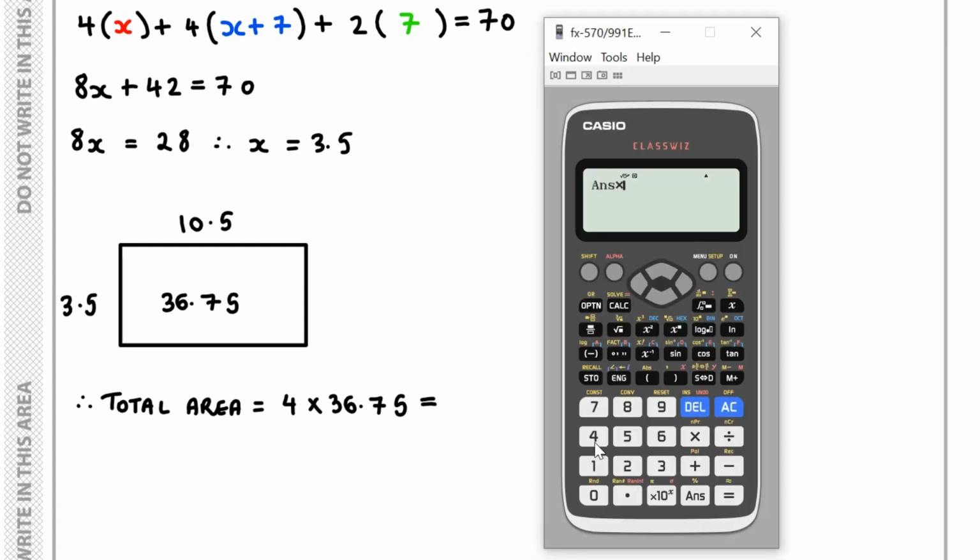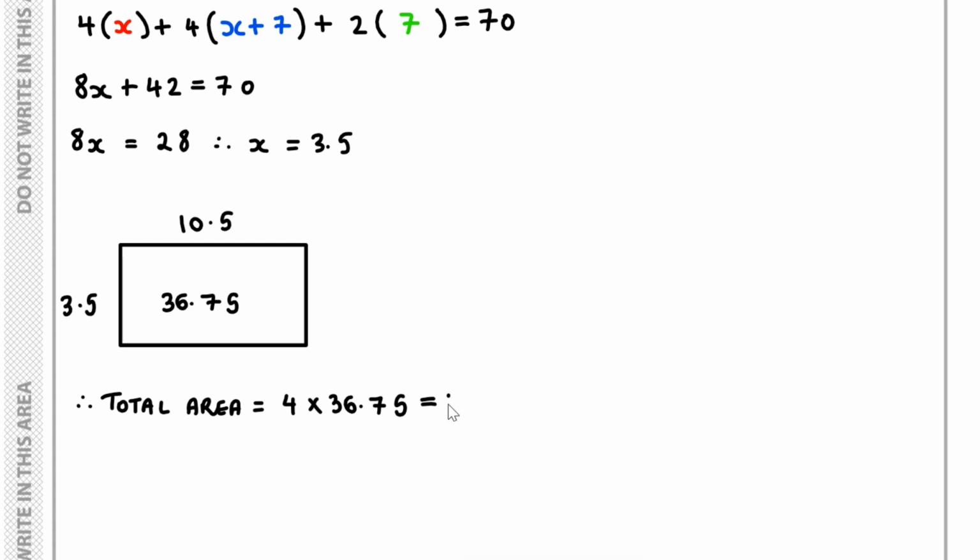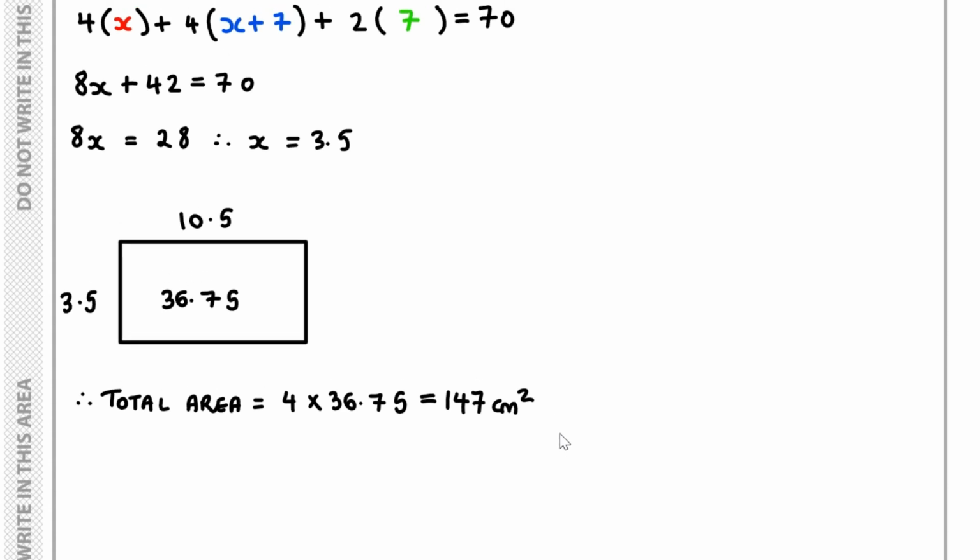So if I times that by 4, we get 147. So we've got 147 centimeters squared.